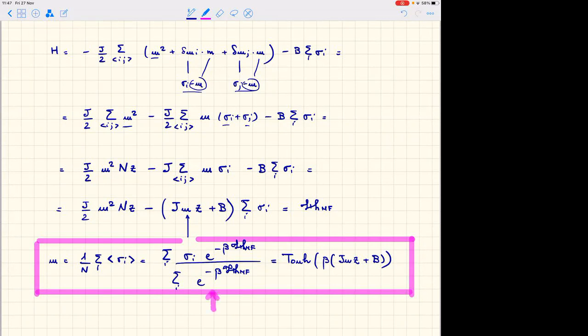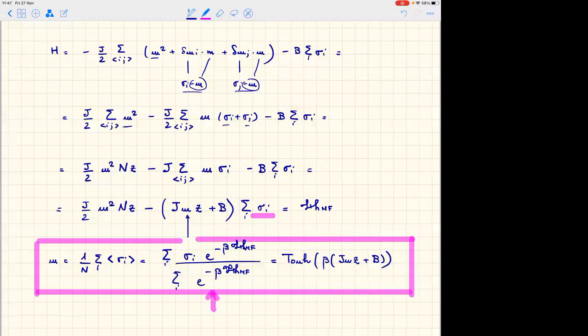And since now there is no interaction anymore, because all spins are independent, the mean field Hamiltonian is a Hamiltonian of independent spins sitting in a mean field generated by all the others. So I can easily calculate.